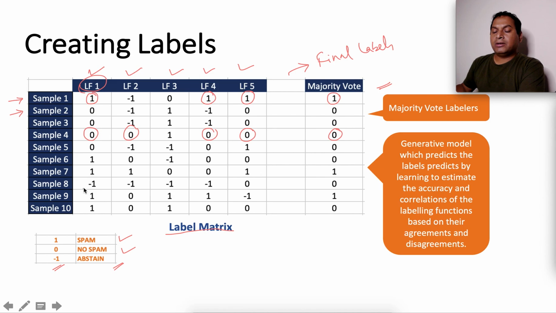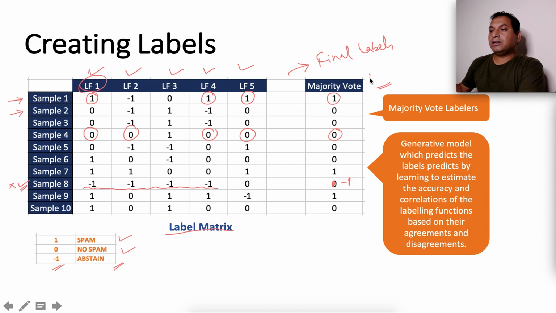And wherever most of the labeling functions are abstaining, we can actually not label it. So this particular sample will not be taken as a labeled data point for the training set. We will ignore this for the time being.